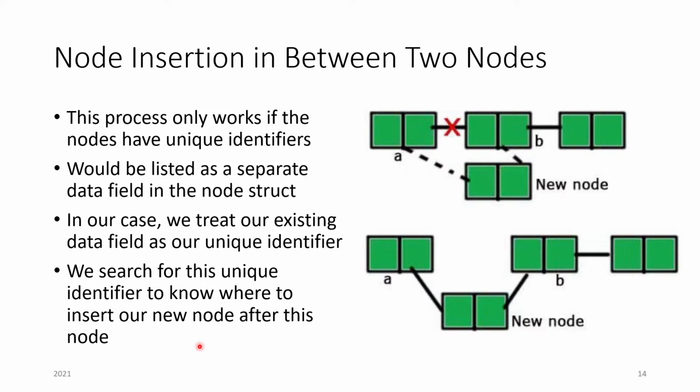In some cases, you may want to treat the data field that already exists in your node structure as the unique identifier. And once we have unique identifiers assigned to each one of these nodes, we can use the identifiers to search for the nodes that we wish to insert our new node in between as a result.